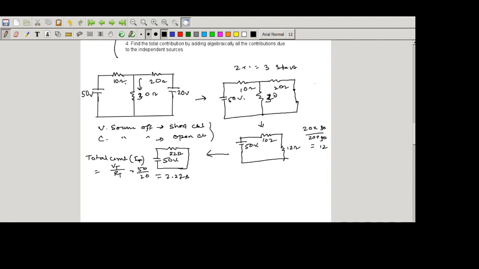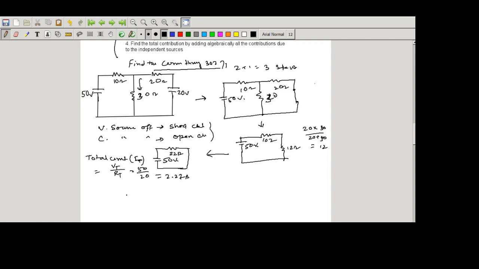In the superposition theorem, we have to calculate the current through a particular resistance. Suppose in this question we have to find the current through the 30 ohm resistance. So we want to calculate how much current will flow through this 30 ohm resistance.